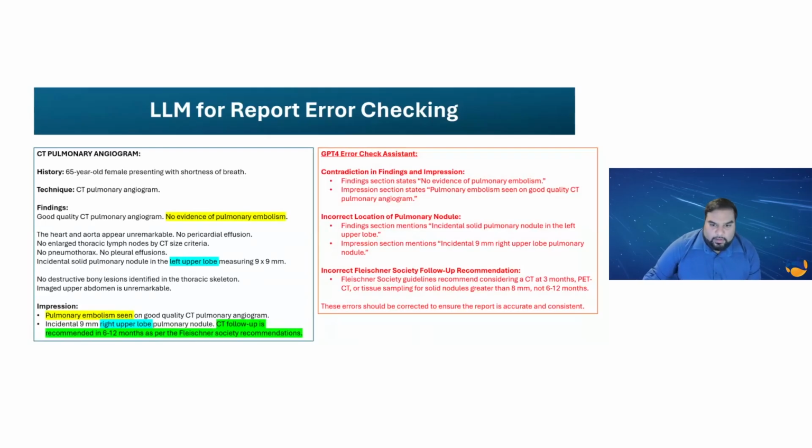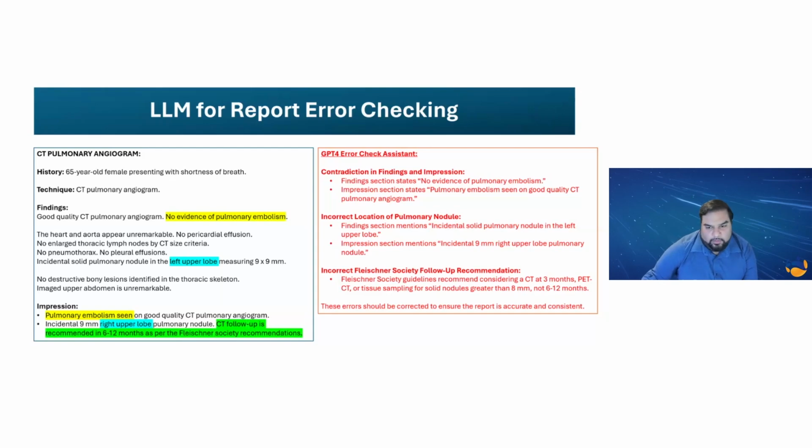So what did ChatGPT say? It found that the radiologist didn't click the record button fast enough when they dictated the impression, and it missed the "no" before pulmonary embolism. This is a very common mistake, but it's always confusing for the referrer, and it ends up with a busy clinician having to make a phone call to a busy radiologist to clarify the result.